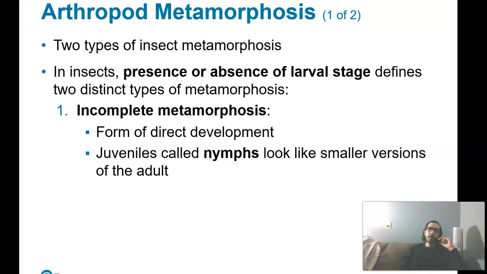Now moving on to arthropod metamorphosis. There are two types of metamorphosis. There's incomplete metamorphosis, where you have a form of direct development. You have juveniles called nymphs that look like mini versions of the adult.